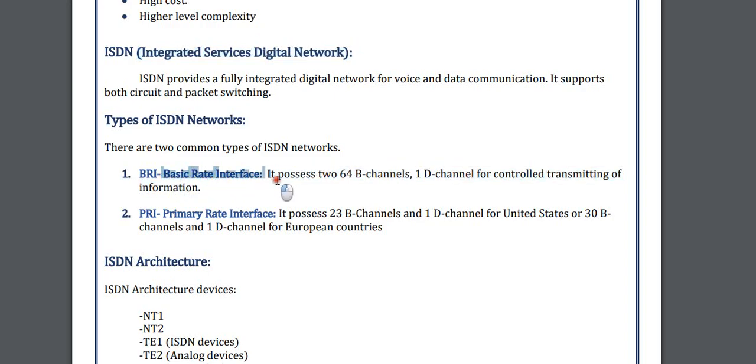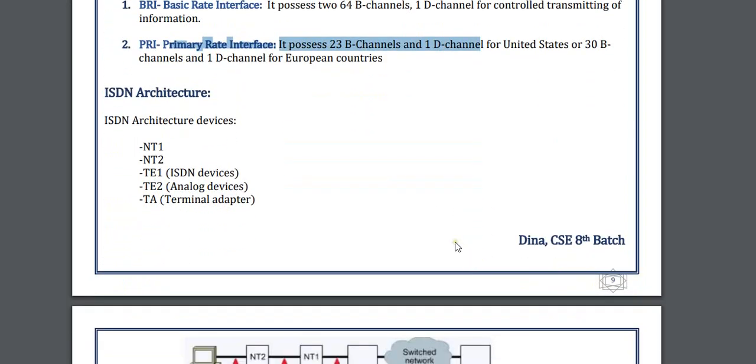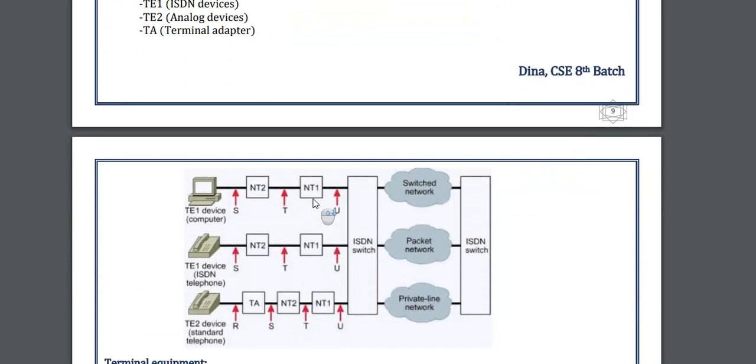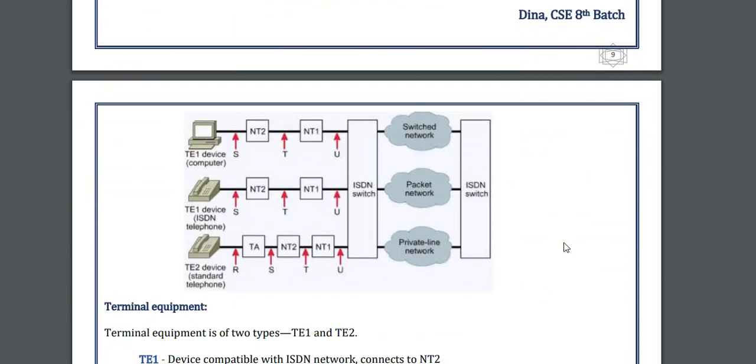Here the Basic Rate Interface has 24 bit channels with one D channel, and the Primary Rate Interface provides 23 byte channels with one D channel. In ISDN architecture we have some architectural devices, and the architecture will look like this one. You can have a snap of this one.